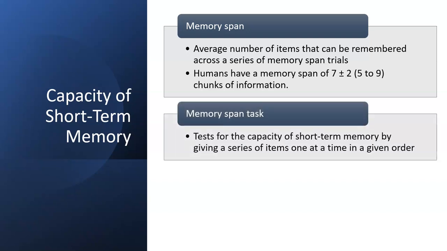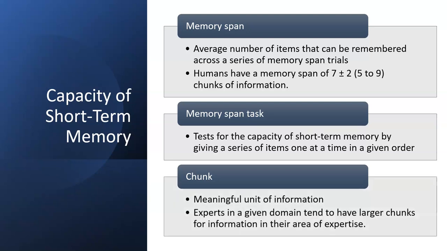The task is typically done to test for the capacity of short-term memory, and just to bring this down to earth, if you have someone in your home who is experiencing some memory difficulties, chances are pretty good they're having problems with their short-term memory. So a neurologist might give the person a memory span task to test for the capacity of short-term memory, and then later they're going to test for duration as well, in order to compare that with a baseline or a benchmark to determine whether or not their memory is problematic.